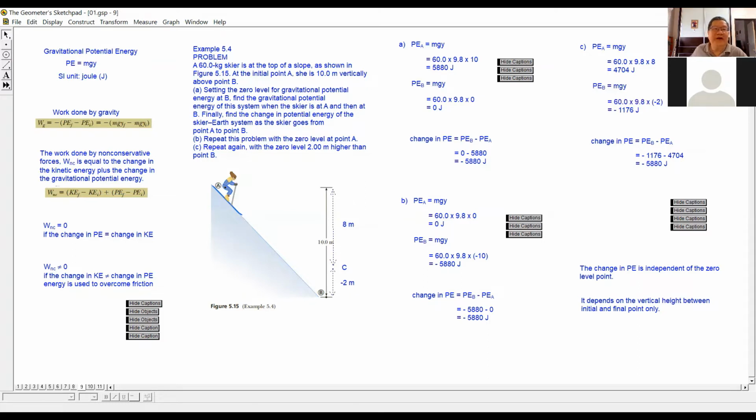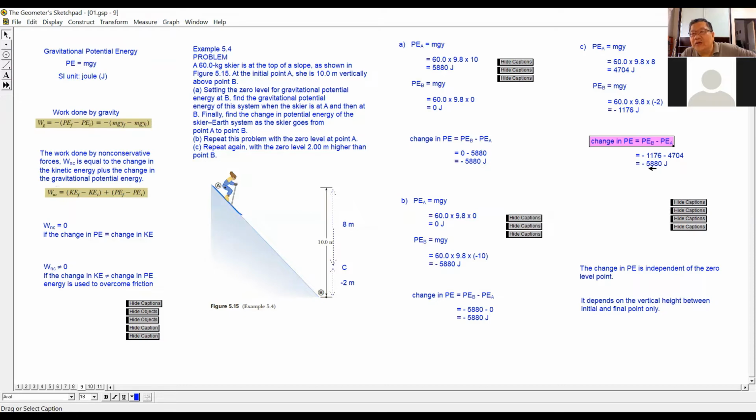Don't be afraid. We use the same method. The change in potential energy is the final potential energy at B minus the initial potential energy at A. The final potential energy at B is -1176, minus the initial potential energy at A, which is minus a positive number, 4704.